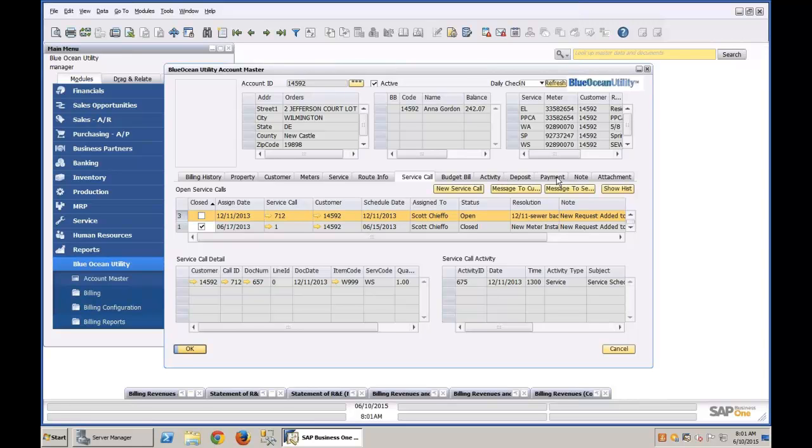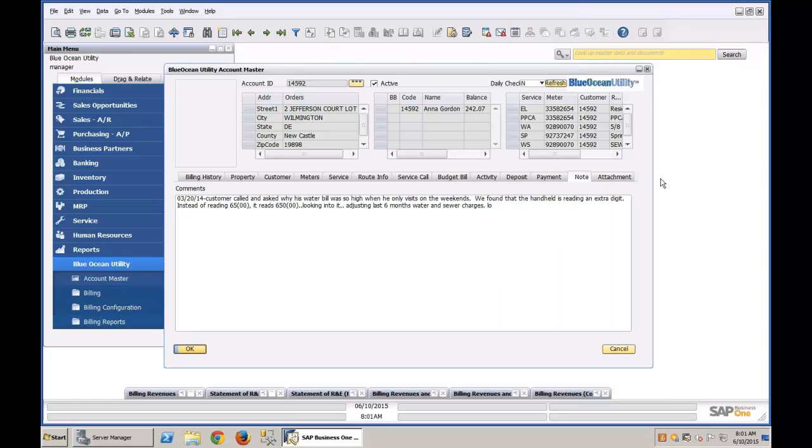We can collect deposits, we can look at payment history, we can attach notes to the account, which will be maintained historically, and we can also put attachments against the account, for instance, a photograph of a meter or similar type attachments. Could be a document.